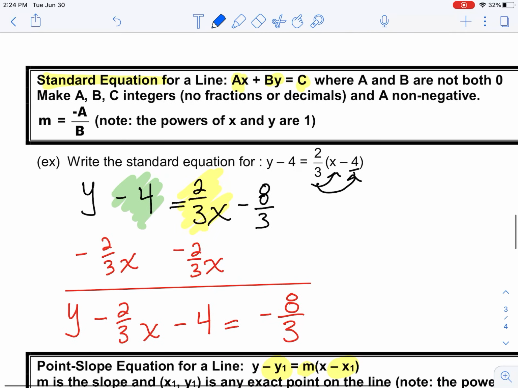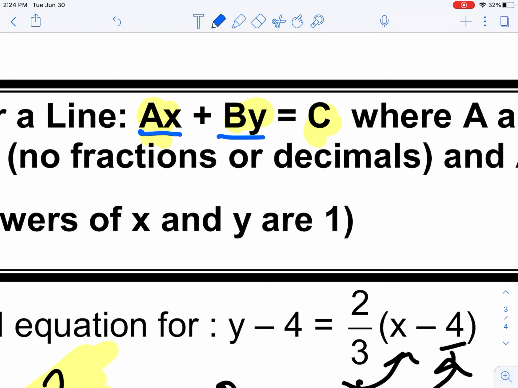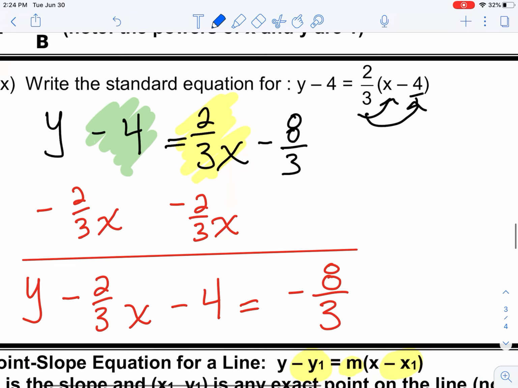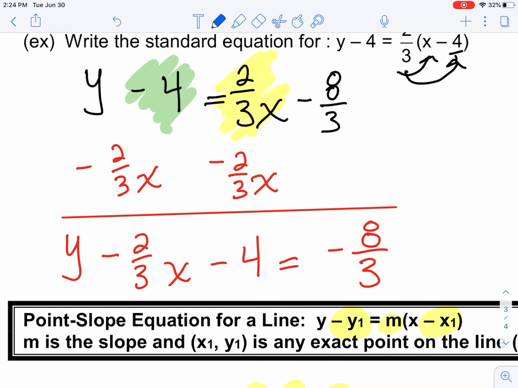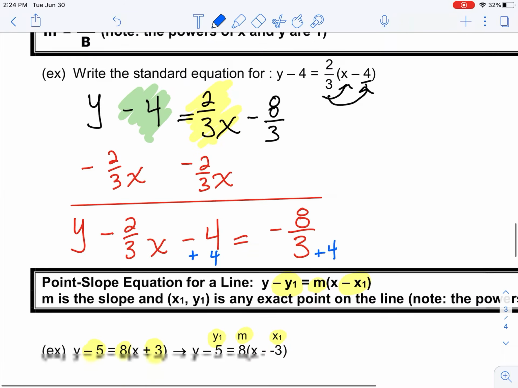All right, now finally, looking back up here, the ax and the by need to be on one side and the constants on the other. So we have our ax and our by on one side, and now we need to get the constant on the other. So now I'm just going to add 4 to both sides.